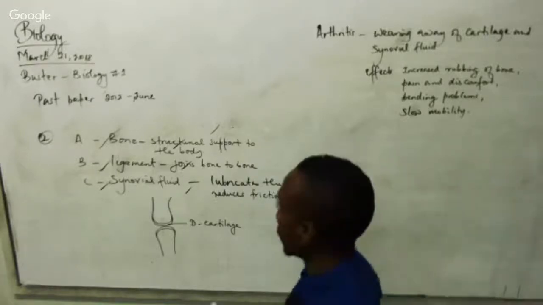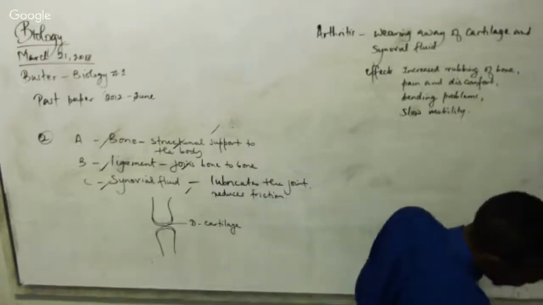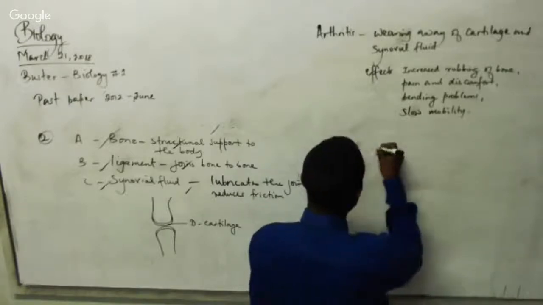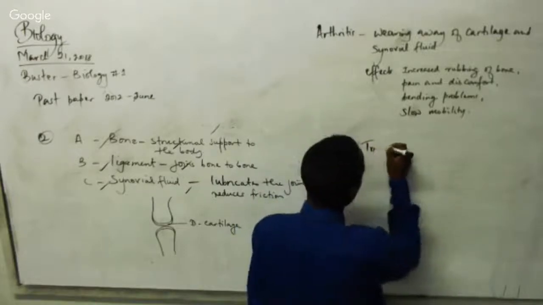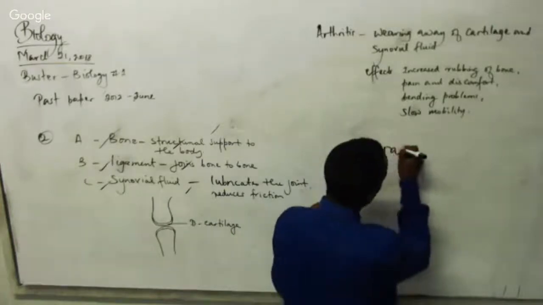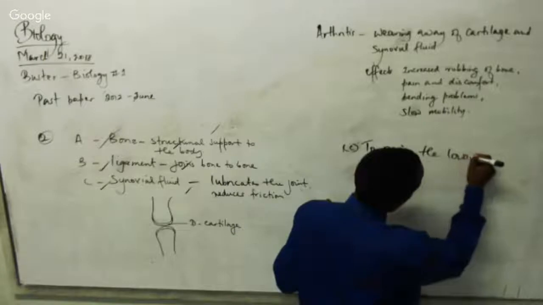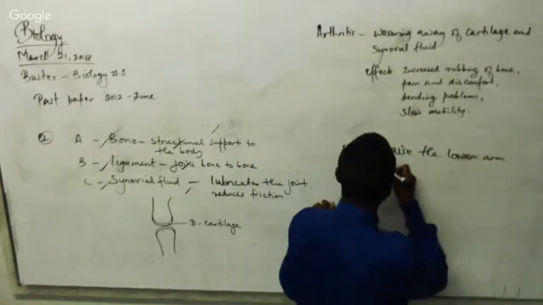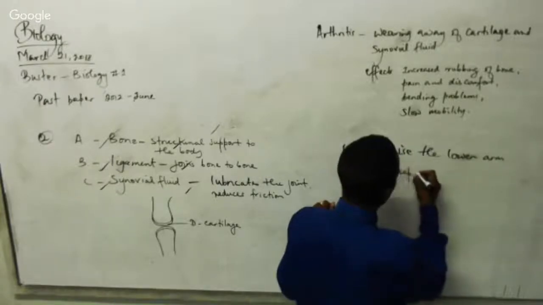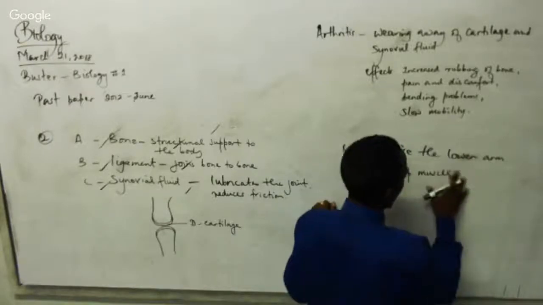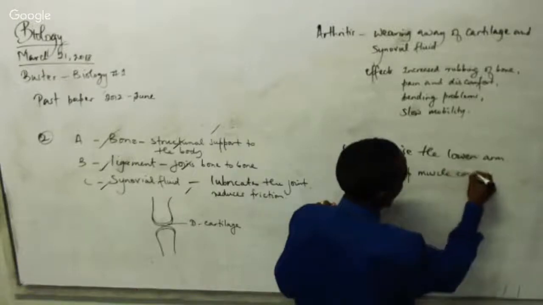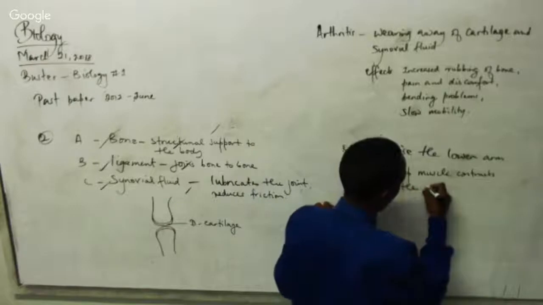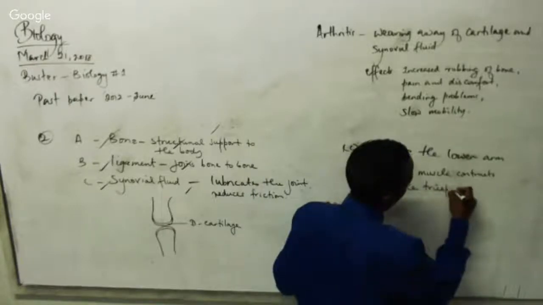4 marks. So raise the lower arm. Bicep muscle contracts while tricep relaxes.